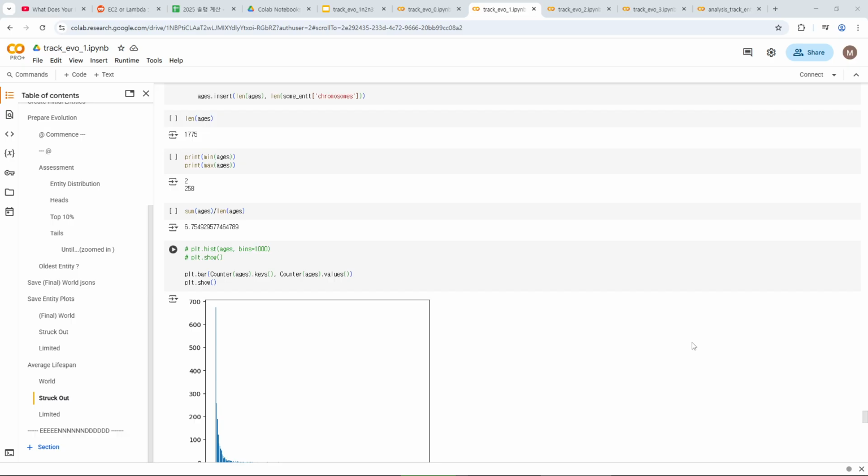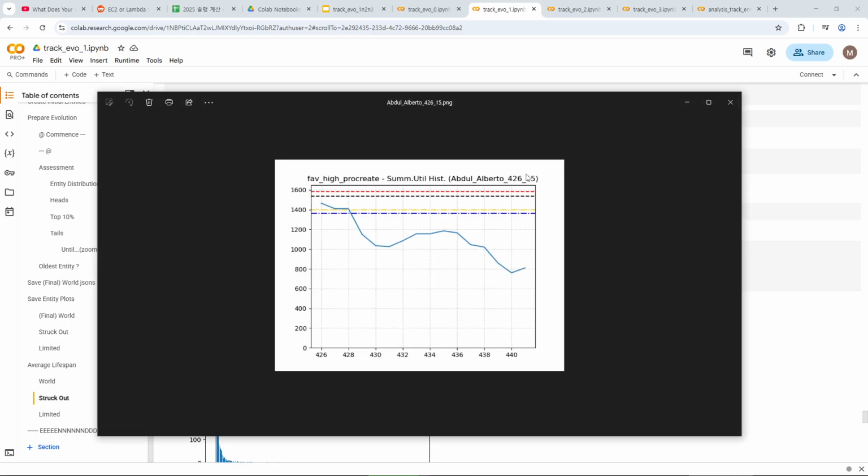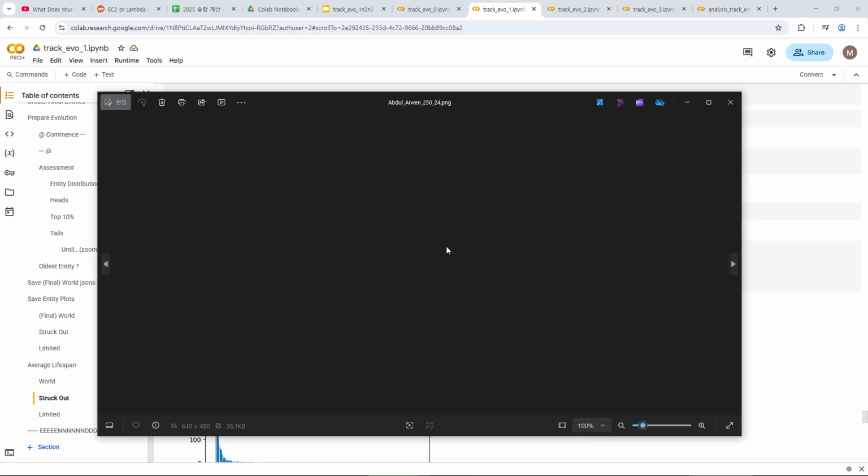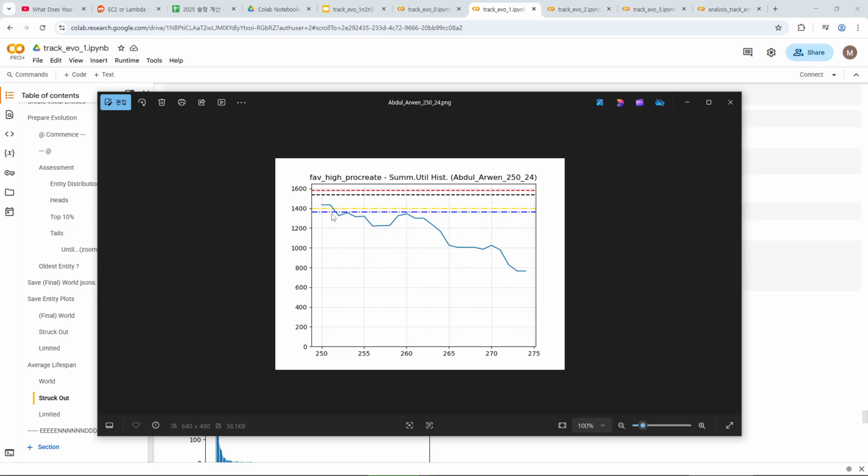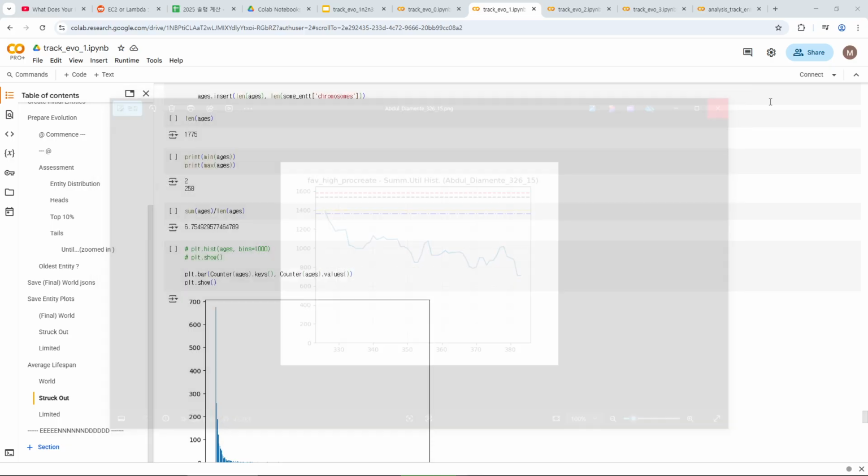In the first one, I stated that it is quite sad that entities don't seem to improve over time, as can be seen here, as the utility history just keeps going down. And I don't think that's a good sign.